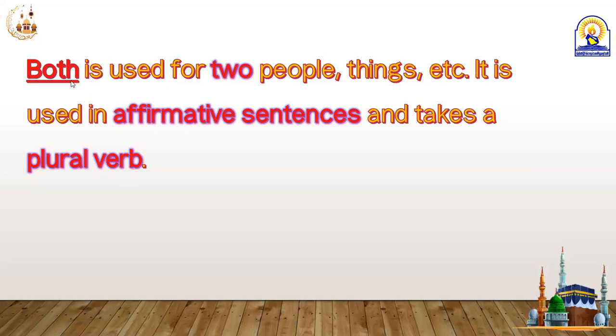Well, both we use when we talk about just two people, two guys, two boys, two girls, two men, two women, or two things, two cars, two books, and it's used in affirmative sentences and it takes a plural verb.